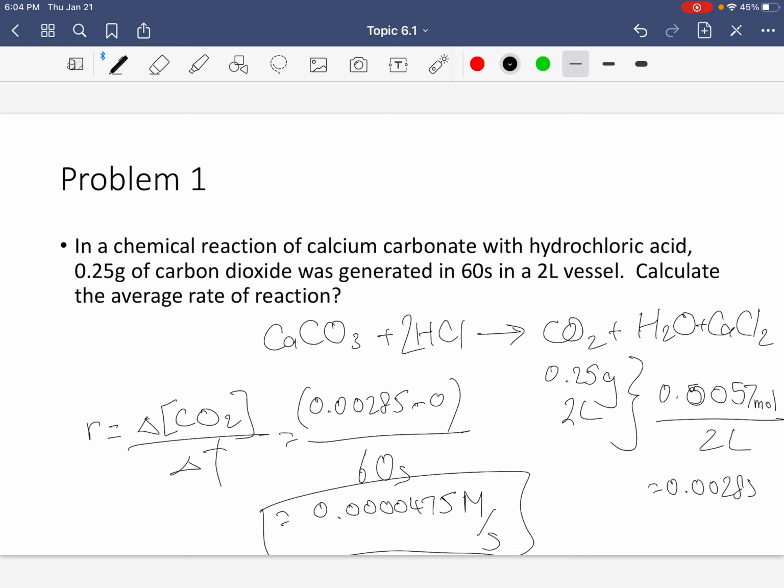Okay. In terms of how IB wants it, I think they like it like this: 0.000475 mole per liter per second. Okay, they like to do that. They don't like to use per, I guess. So that's how it is. Okay. Now, do you have to divide any of this?